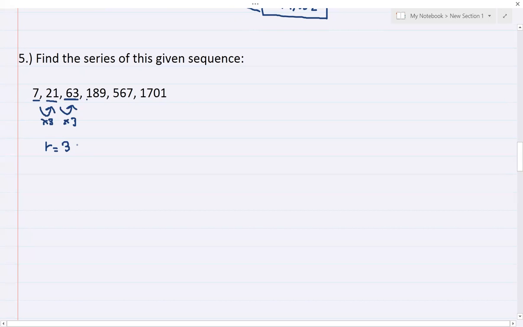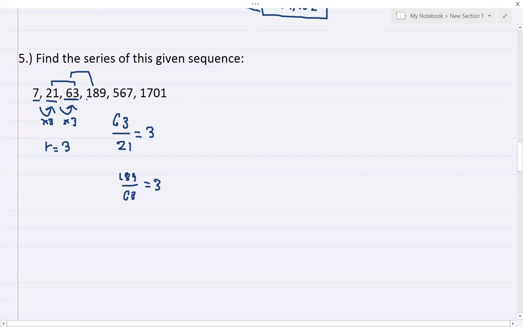Or if you're having a hard time to get your common ratio, what to do? Just get 2 consecutive terms, or 2 terms that are stuck together. For example, 63 and 21. So divide them both. 63 divided by 21, you will have 3. All right. 189 all over 63. If you divide them, you will have the result of 3.